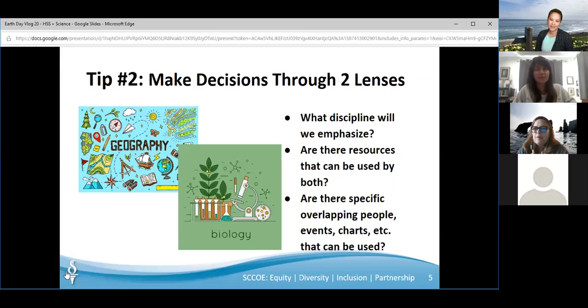So the next step we took was making some decisions through these lenses. And as Olivia mentioned, the 2 lenses that we focused on were geography and biology. And what we wanted to do was think about what those would emphasize, what kinds of resources there were that could be used in both areas, and whether or not there were some overlapping people or events, charts, maps, graphs that could be used.